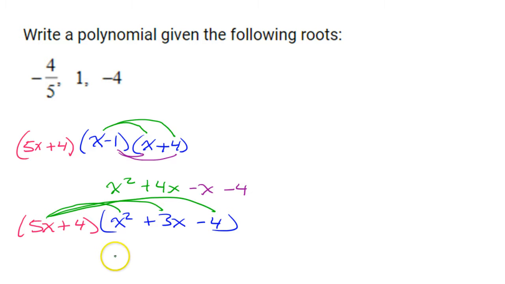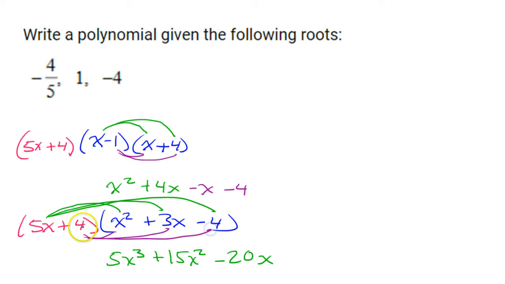So 5x times x squared is 5x to the 3rd power. 5x times 3x is 15x squared. And 5x times -4 is -20x. Now I will distribute the 4. 4 times x squared is 4x squared. 4 times 3x is 12x. And 4 times -4 is -16.